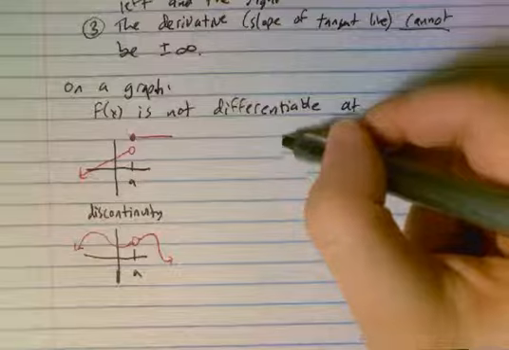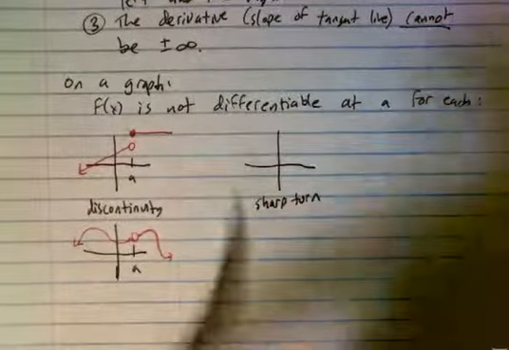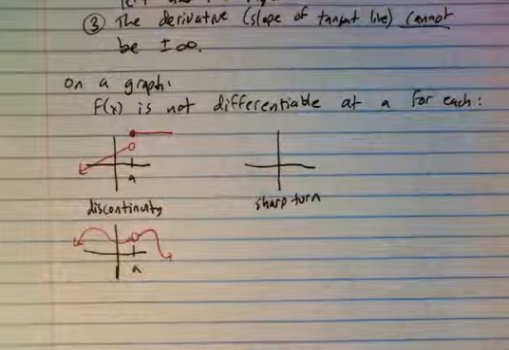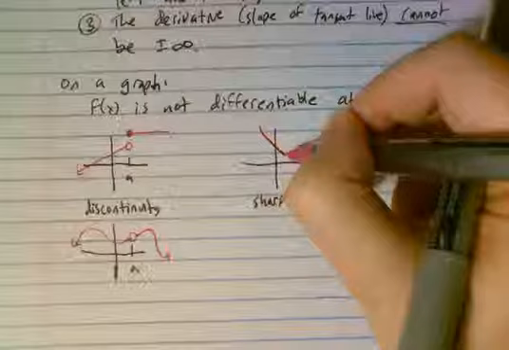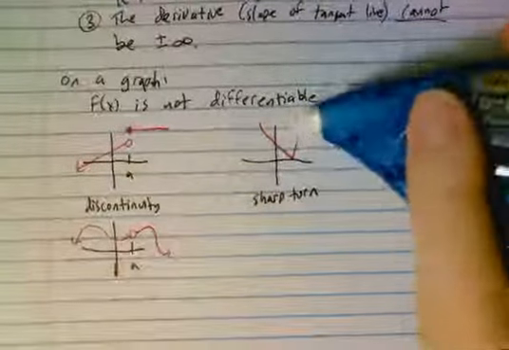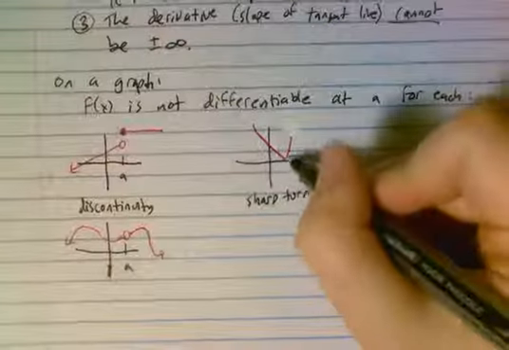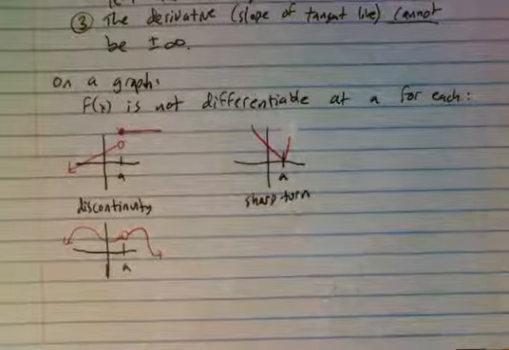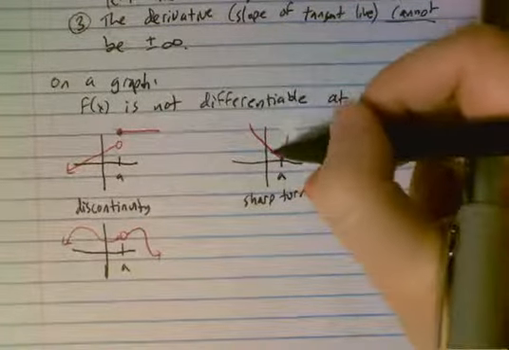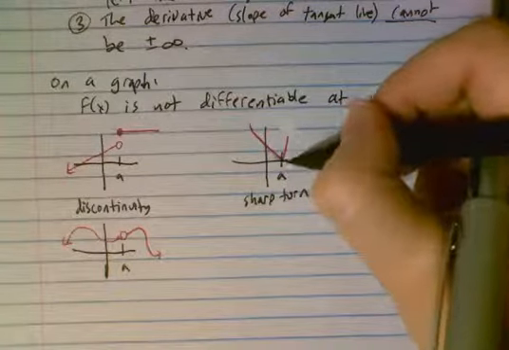Another situation is that we could have a sharp turn. So that's something like this. Actually, that should be moving back on itself. It should just be moving up like that. So right here, this is at A. A sharp turn means that if we were to try to draw a tangent line, when we're doing it this way we're drawing tangent lines like this, off the end there.